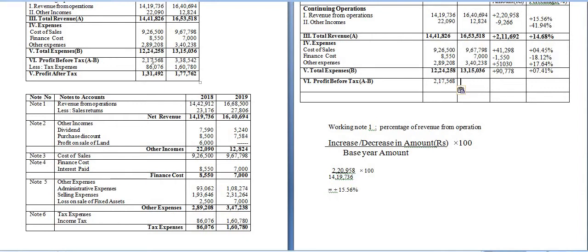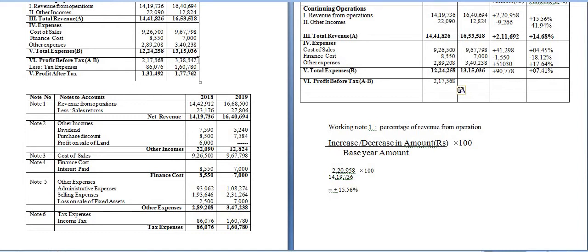Next one, 16,53,518 minus 13,15,036, which is equal to 3,38,482.